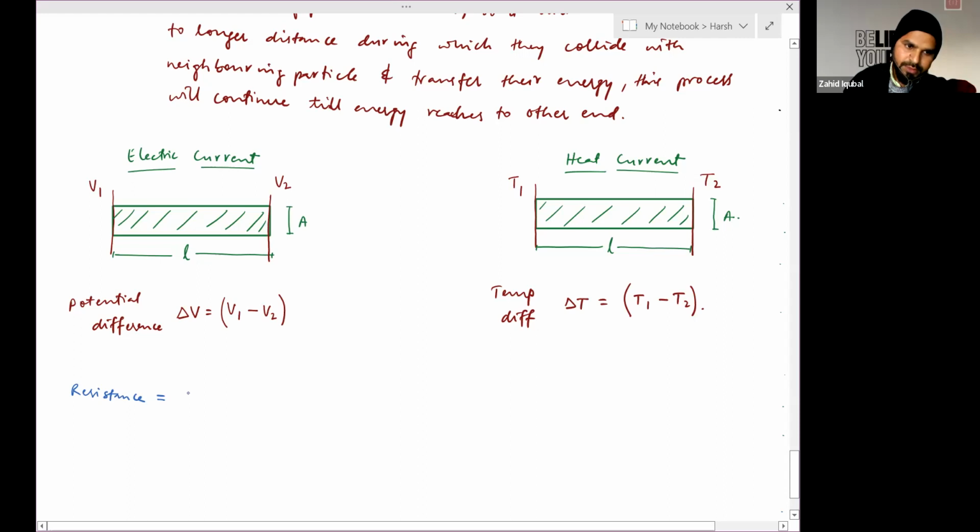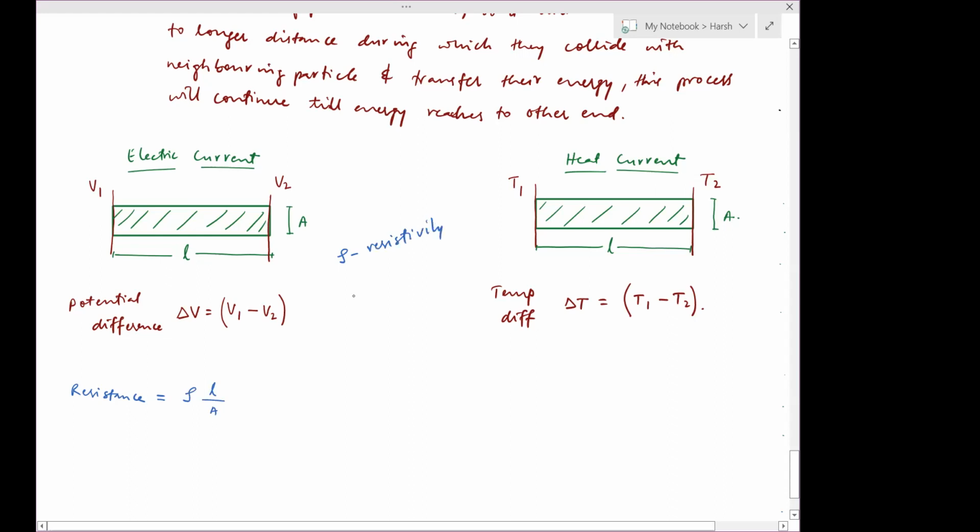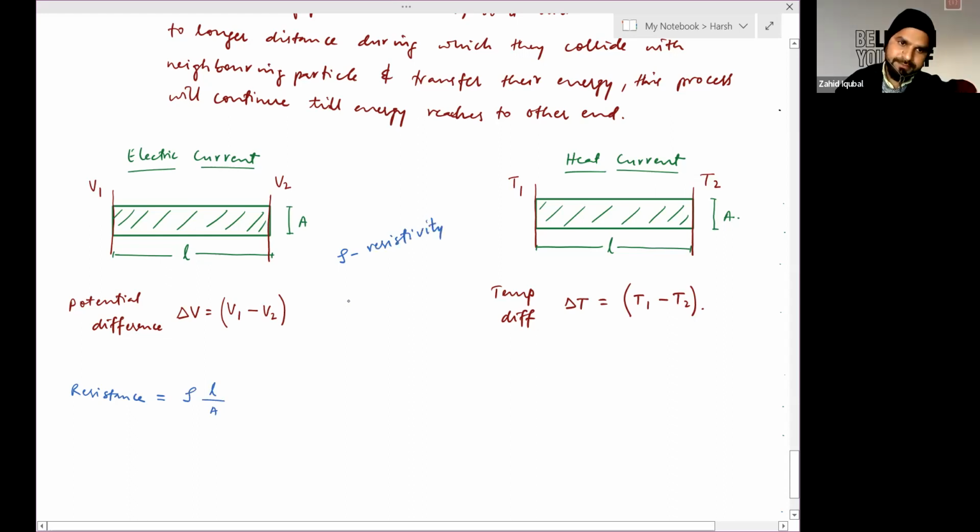So resistance equals rho L by A, where rho is called resistivity. We may define another term, sigma, which is called conductivity. These two are just reciprocal of one another.